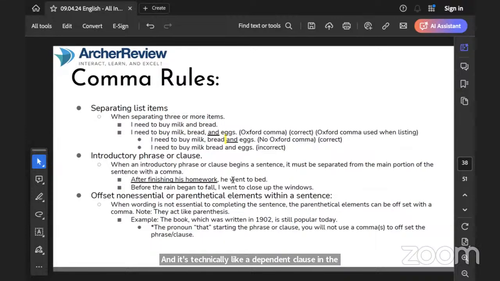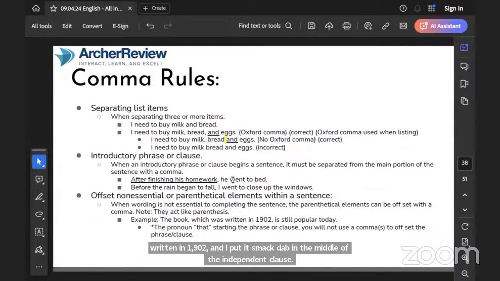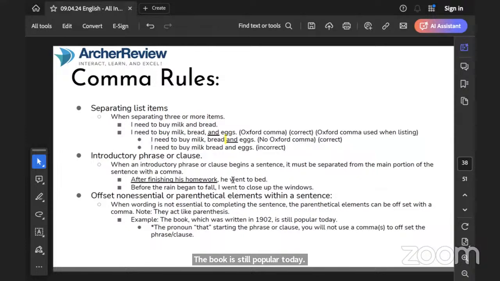So, for example, if I say "the book, which was written in 1902, is still popular today," I took a dependent clause, "which was written in 1902," and I put it smack dab in the middle of the independent clause, "the book is still popular today." And because I did that, I have to have a comma before the clause and a comma after the clause.